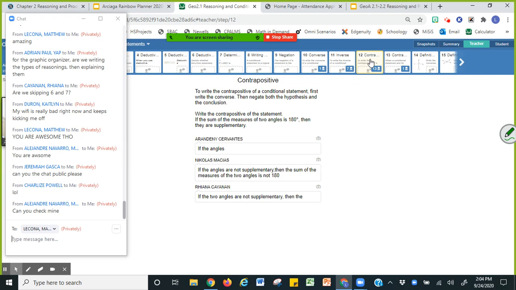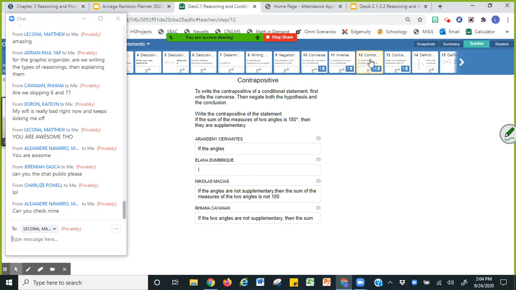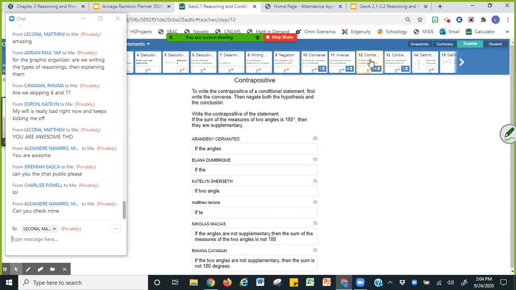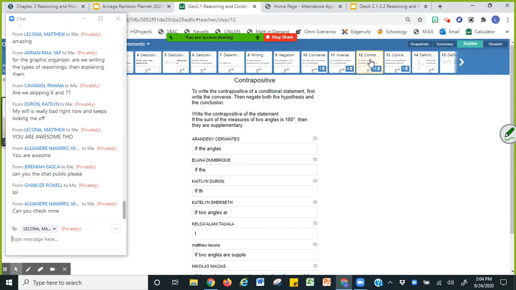Is that a prefix? Maybe I'm wrong. If it has con, C-O-N, that means you have to flip. So converse and contrapositive, they both flip. But contrapositive is like a double negative. You flip the negation of each one.